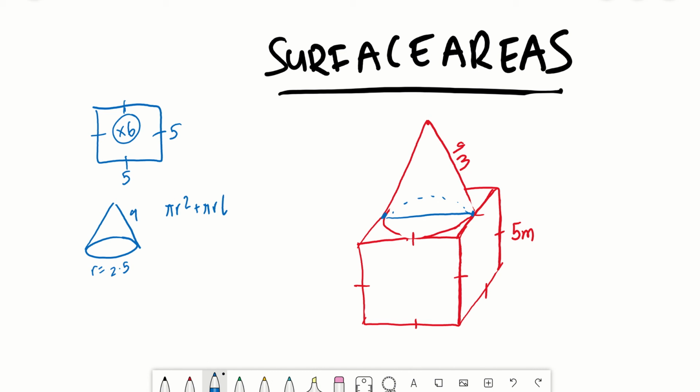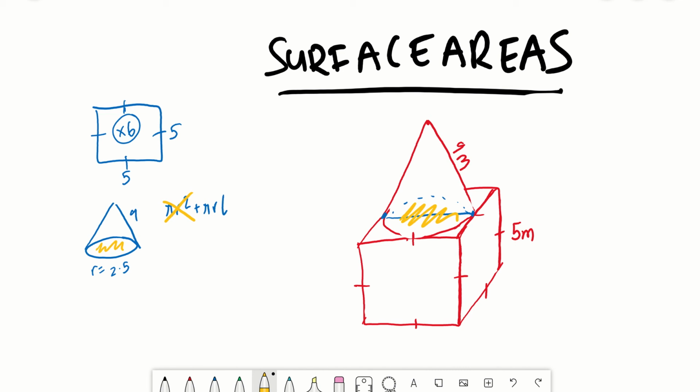All right, now there's my nice plan, but I'm going to add in here some other notes. Let's think about this cone that I'm going to find the surface area of. I'm not going to be painting the bottom of that cone, which means I don't want the pi r squared part of my formula. I only want the pi rl, because the pi r squared part is going to be that circle on the bottom.